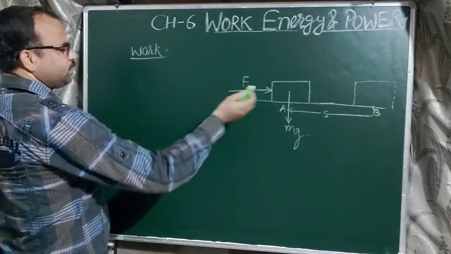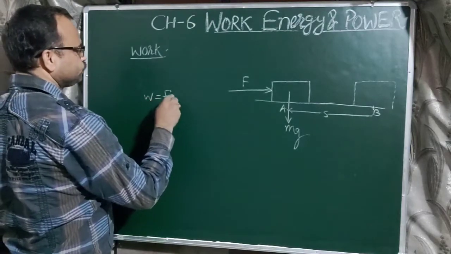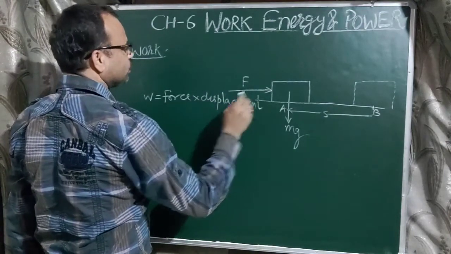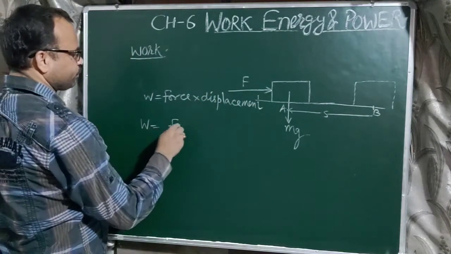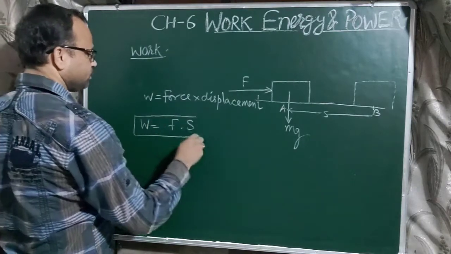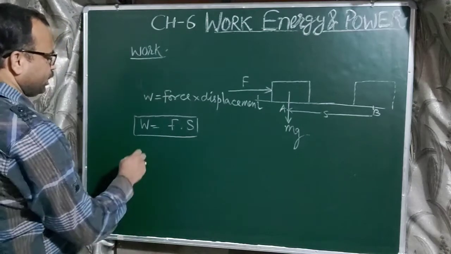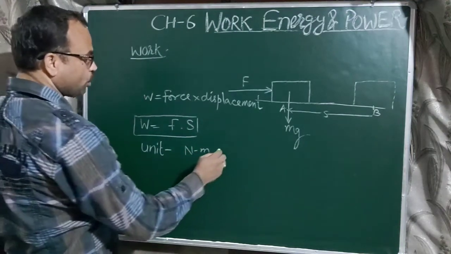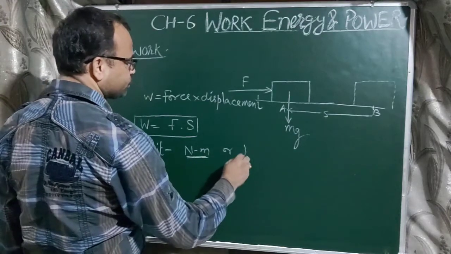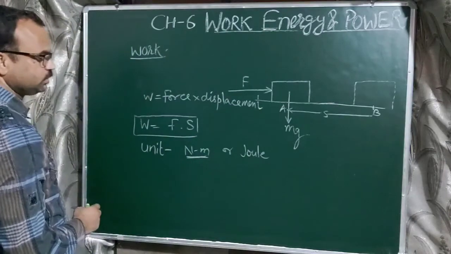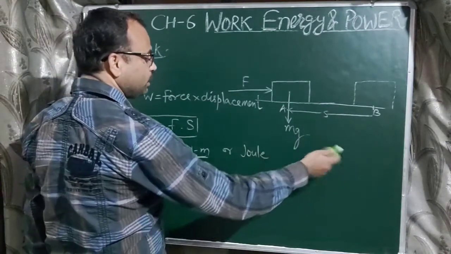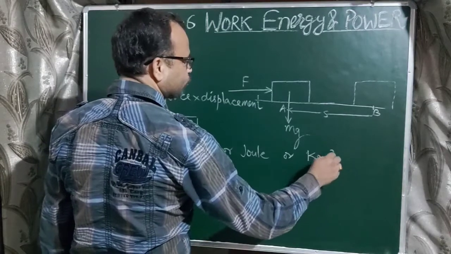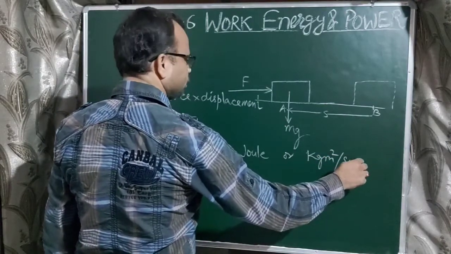So we can calculate the amount of work done: W equals force into displacement, that is, W equals F times S. The unit of work is Newton meter, also known as Joule, in the SI unit or MKS system, or kilogram meter square per second square.